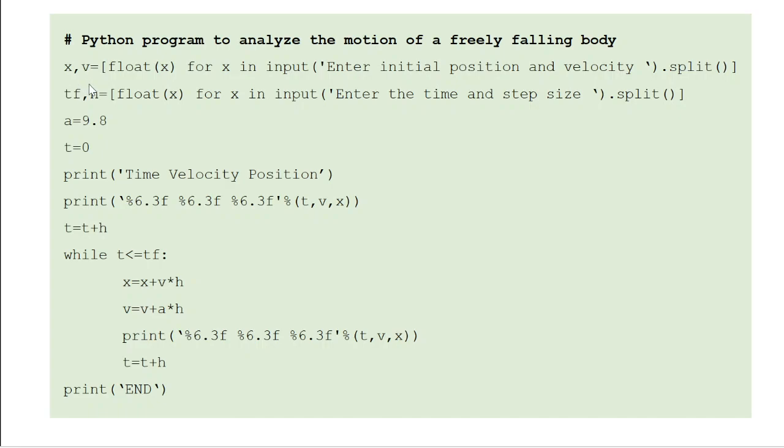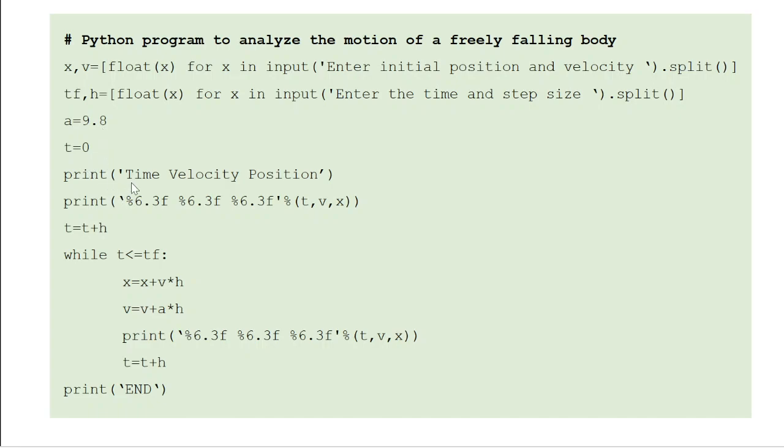I might as well input all 4 of them at once, but this line is going to be very lengthy in that case, so I split it into 2. It's your choice. Or if you want, you can input 1 at a time. In this particular case, acceleration is a constant. So instead of inputting it from the user end, I directly define a equal to 9.8 and the initial time t equal to 0.